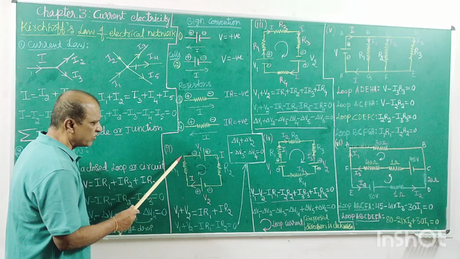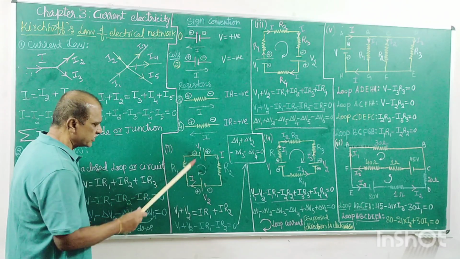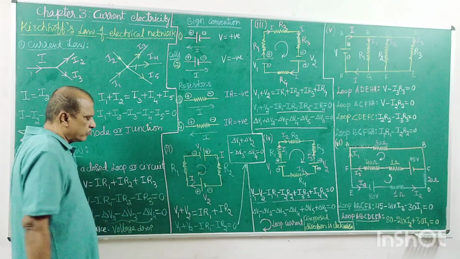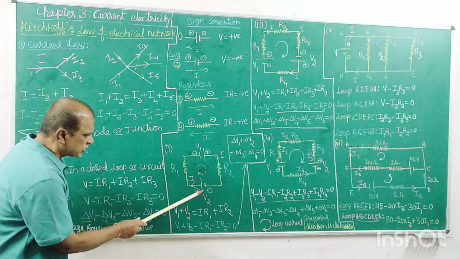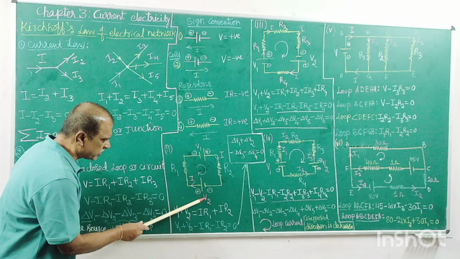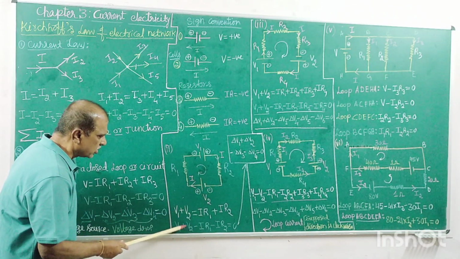Sum all the potential differences. This potential difference is V1, taken positive because the direction is this. This potential difference is V2, positive, the potential of this cell, because the direction is positive.